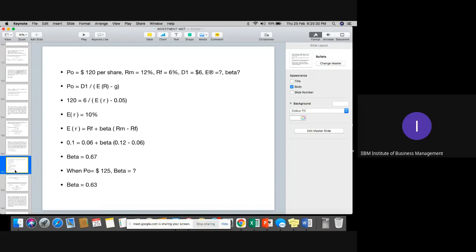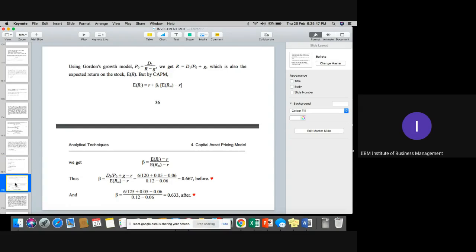Yes, students, done? Please kindly confirm. Expected return is 10%. Then from expected return, you will go for beta calculation, it is 0.67. And when the price changes, beta is 0.63. See, students, it's all about formula. Try to understand.